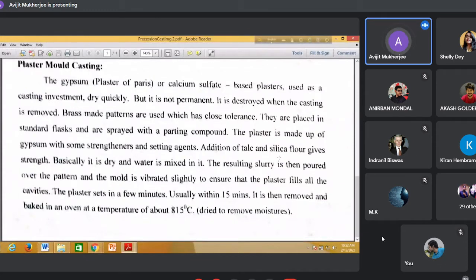Within 15 minutes it will be dried. After a few minutes, the plaster will be set. Then take all these together and place them in an oven again, a baking oven.